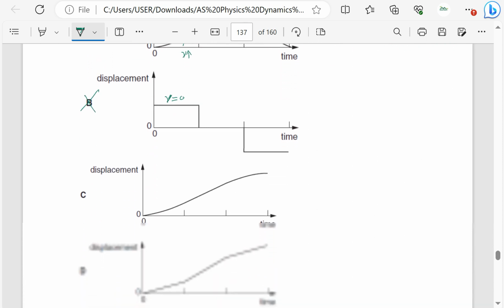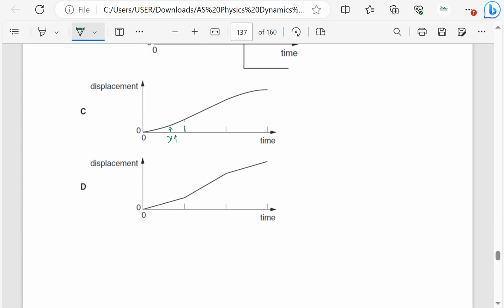Then this one is also showing velocity is increasing for the first part of the graph. And here it is a straight line, which means velocity is not 0, but it is constant.